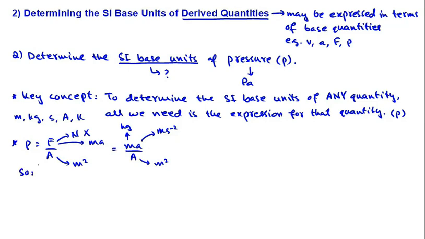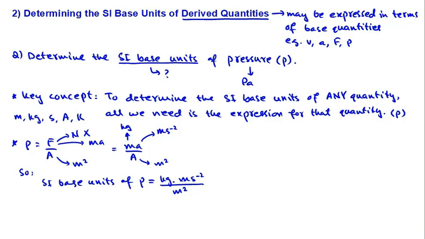So the SI base units of pressure are equal to the SI base unit of mass, which is kg, times the SI base units of acceleration, which are meter per second squared, over the SI base unit of area, which is meter squared. Students, let's simplify this expression now.